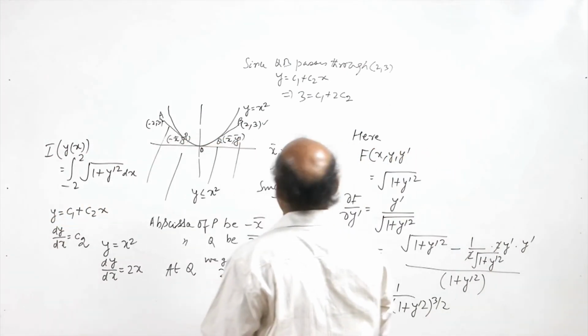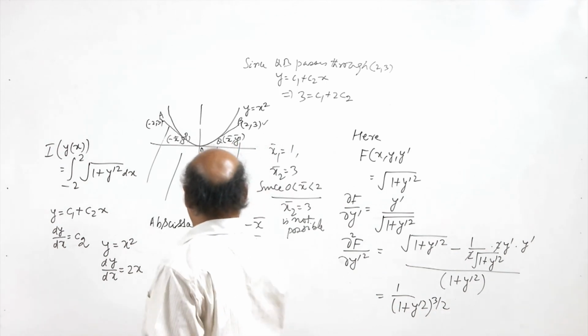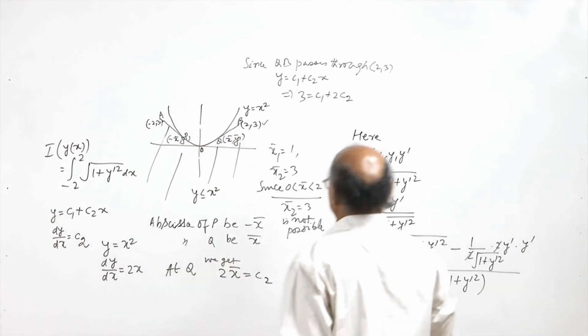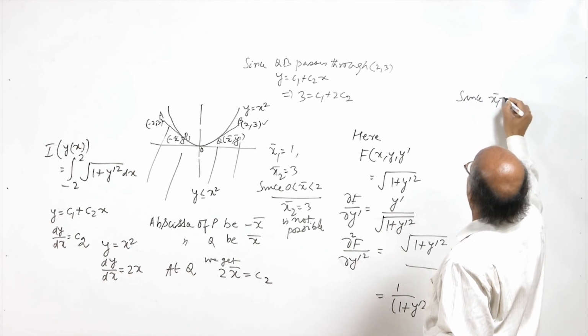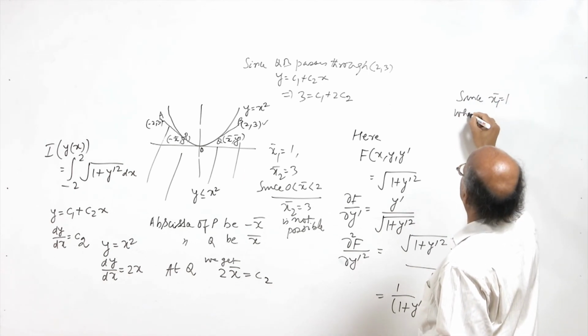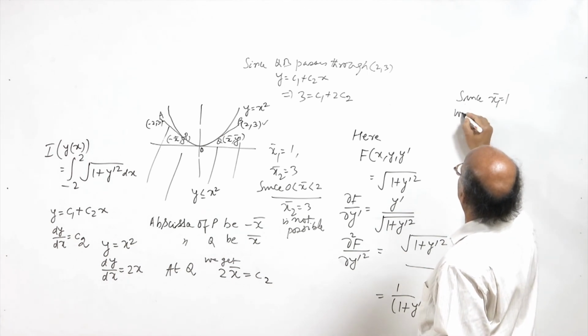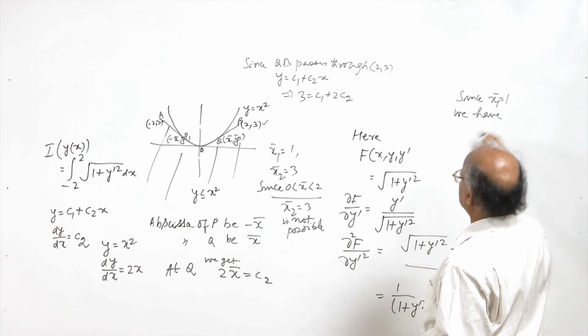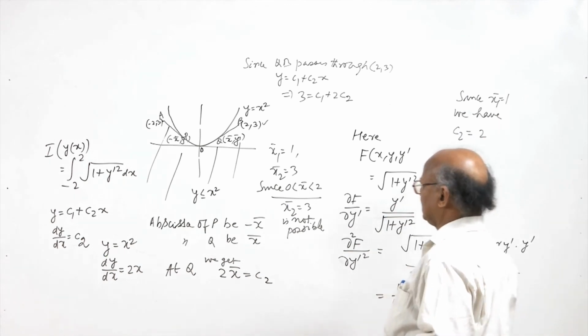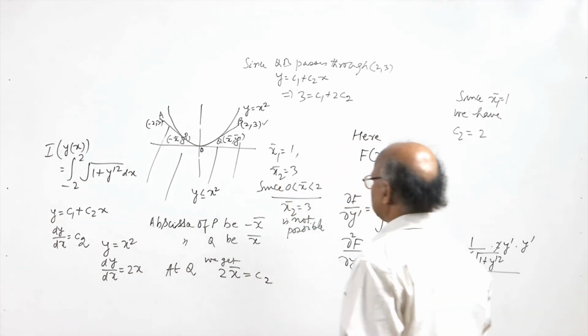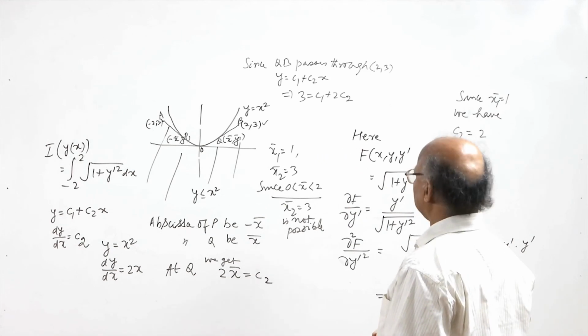We had C2 equal to 2x bar. So since x1 bar is equal to 1, we have C2 equal to 2, and x bar equal to 1 is admissible. So we get C2 equal to 2.